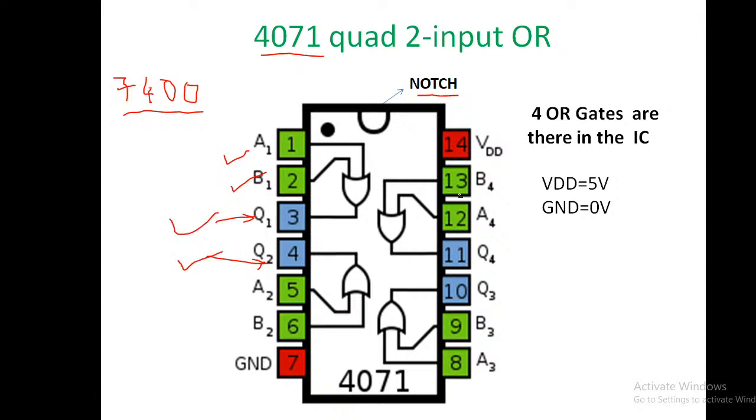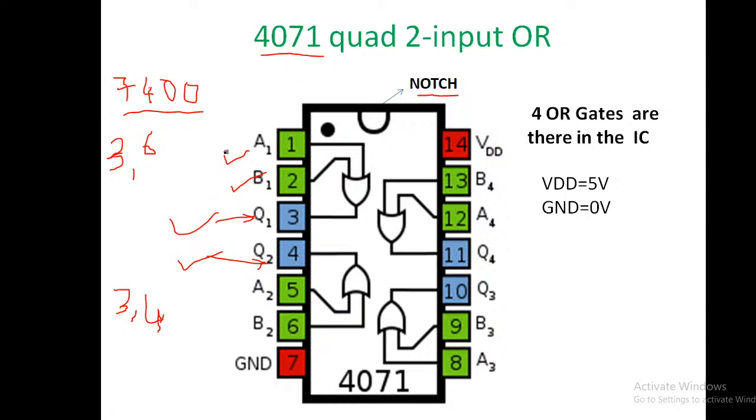Whereas in the 74 series the two outputs were not face to face. What were the two outputs in the 74 series? It was 3 and 6, right? But in this case it will be 3 and 4.